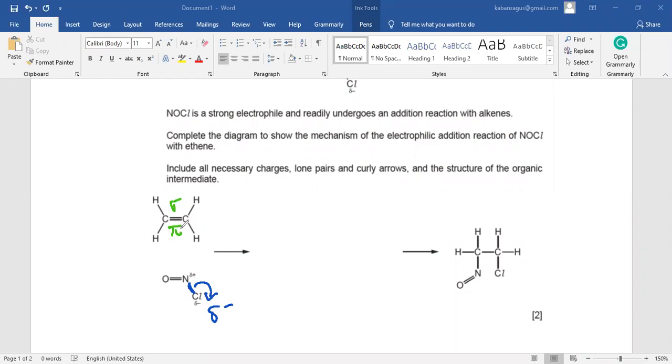And then in this case, because we have a pi bond over there, it will attack this one. Remember, when you draw the arrow, you should clearly start from the position underneath the double bond and go to N for you to get full marks.